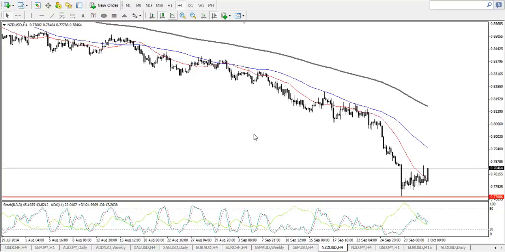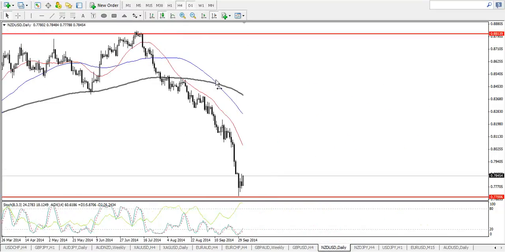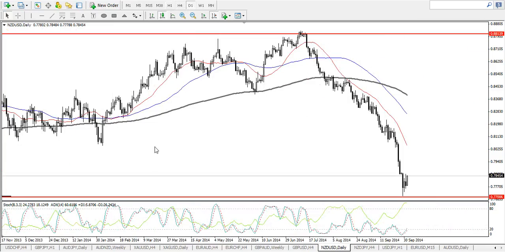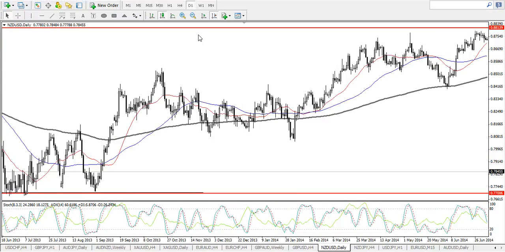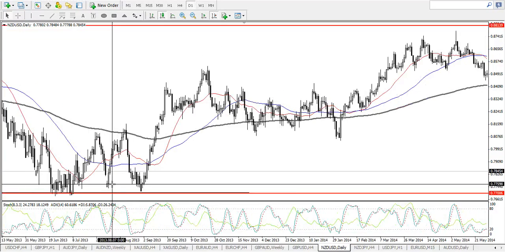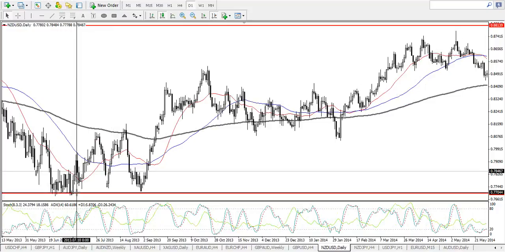Next we have the New Zealand against the dollar. Just to quickly run through, price has reached a bottom, a previous low back in July 2013.